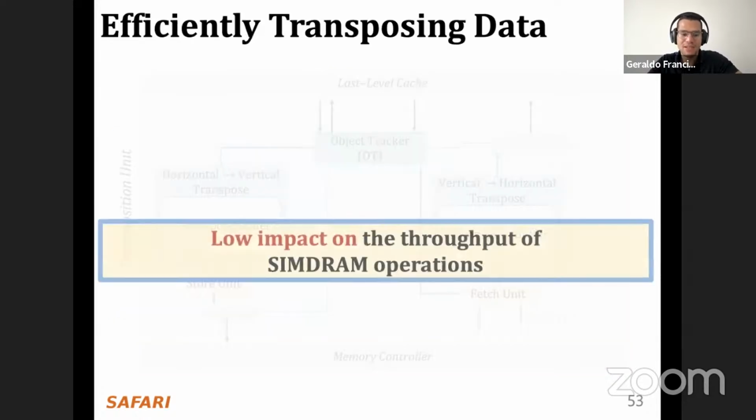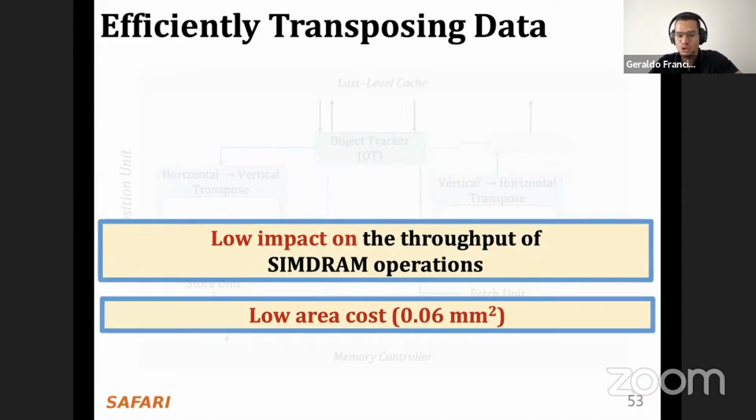We show in our paper this transpose unit has low impact on the throughput of SIMDRAM operations, and also has low area cost compared to a CPU, particularly when you compare it to the CPU die itself.